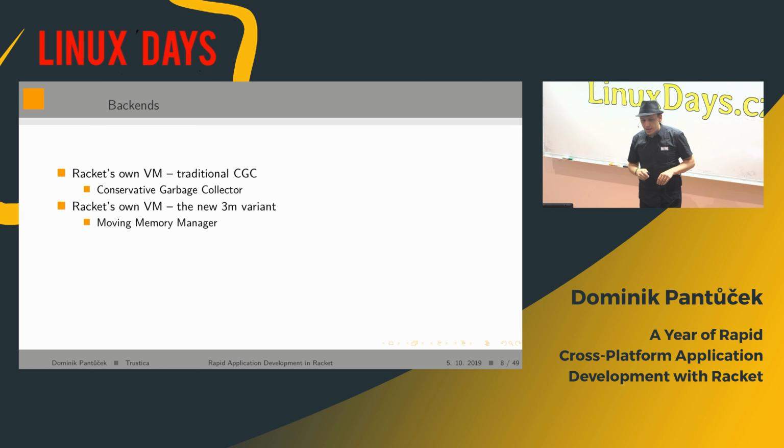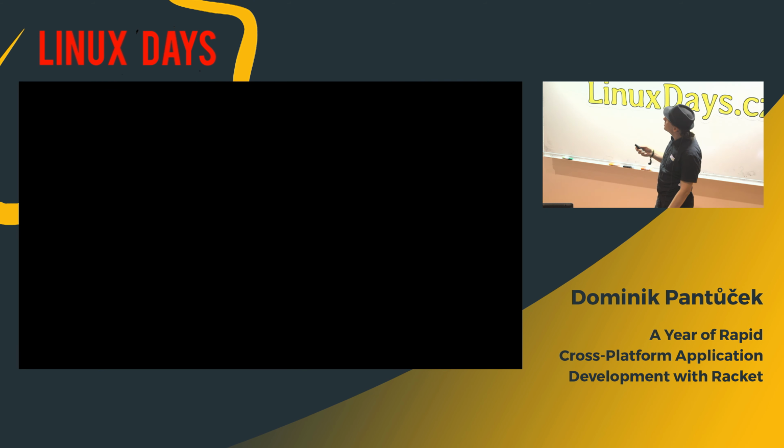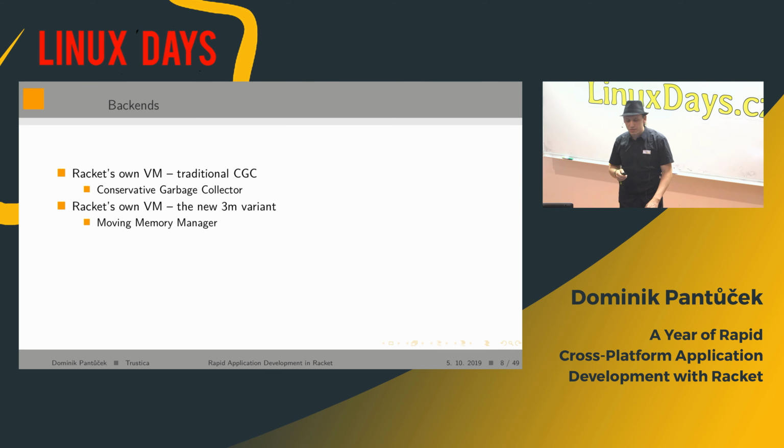And do you know what Chez Scheme is? No. Yes? No. It's a Scheme variant sponsored by Cisco. And actually, it's really good when it comes to performance. It's really fast. It's a really effective implementation. What the hell has happened? Oh, wrong button, sorry.